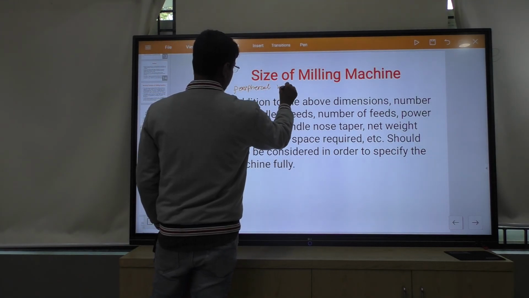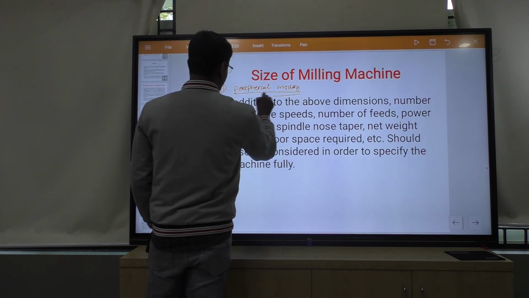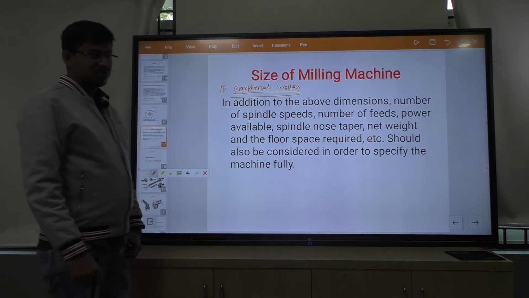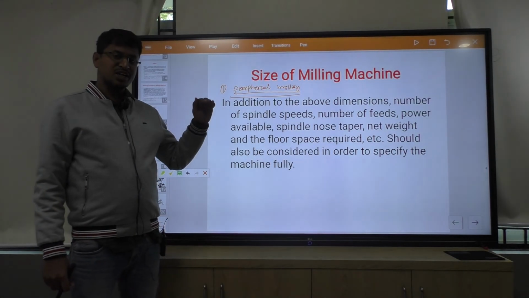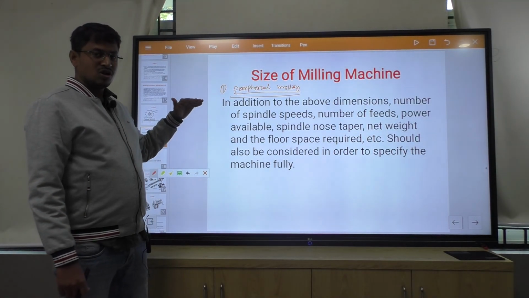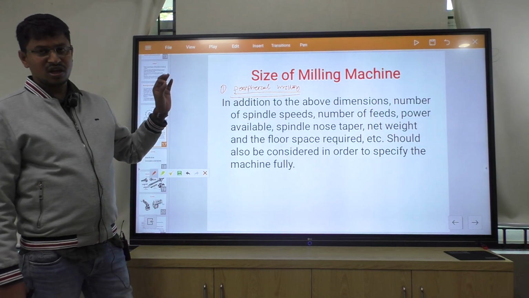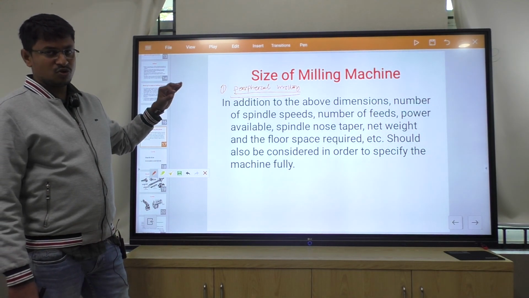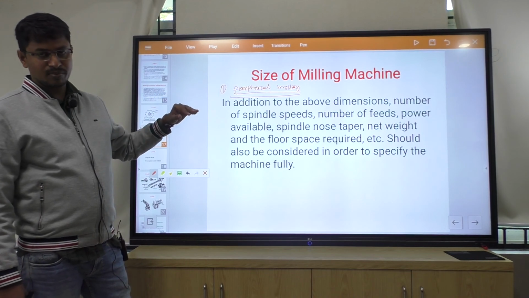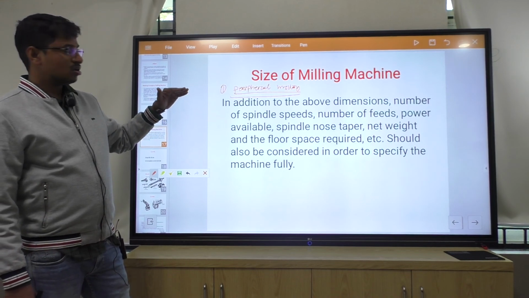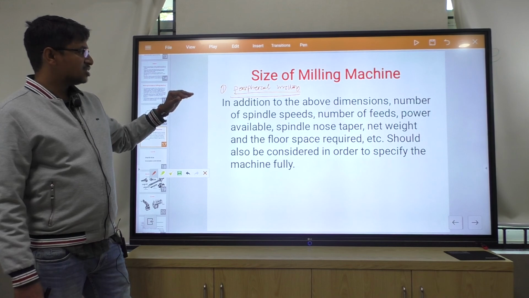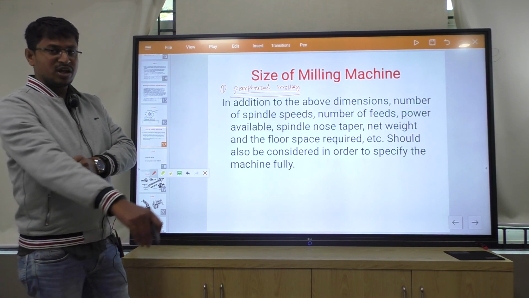Peripheral milling. What do you mean by peripheral milling? Peripheral milling means producing a flat surface parallel to the axis of rotation of the cutter. If we produce a plane surface on the workpiece parallel to the axis of the milling cutter, this is called peripheral milling.